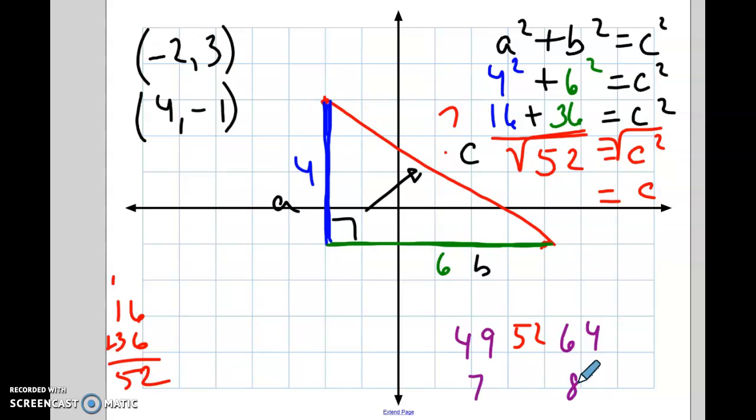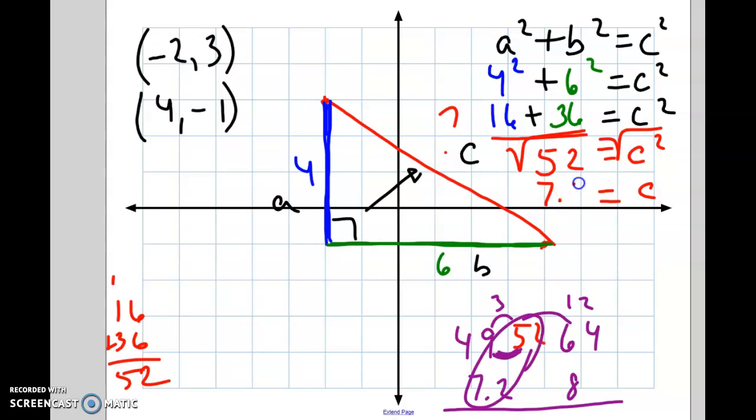From 49 to 52, that's only a distance of 3, and from 52 to 64, that's a distance of 12, which shows me that 52 is closer to 49. If I were to break this up into a scale of 7.1 to 7.9, it would be closer to the bottom. I'd say the square root of 52 is close to 7.2. We'll check that on our calculator here in just a second.